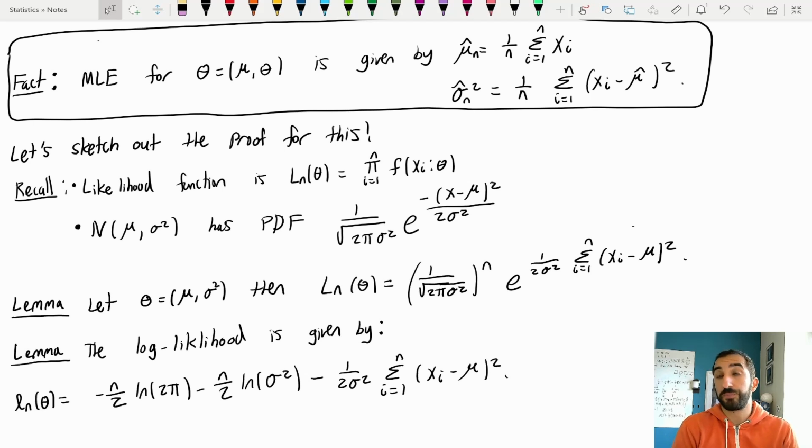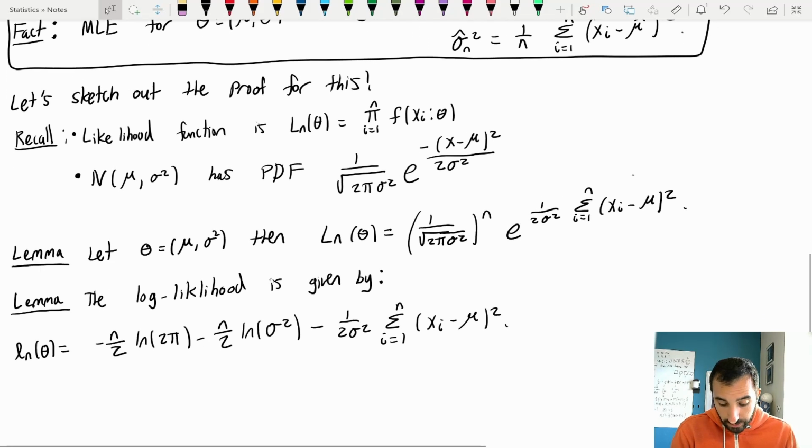Our first observation is going to be that when we multiply together these densities, it actually doesn't look too terrible. So given our mu and sigma squared, the likelihood function is given by 1 over square root of 2 pi sigma squared to the n times e to the minus 1 over 2 sigma squared times that summation there. So what's going on here?